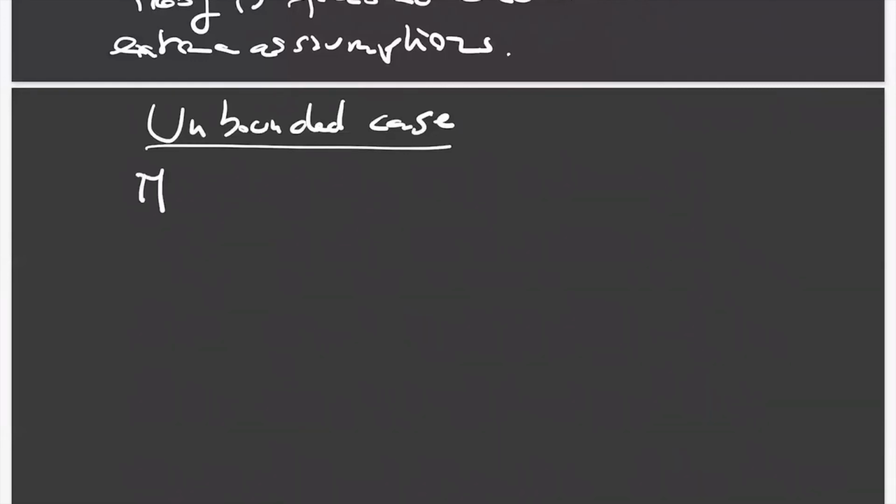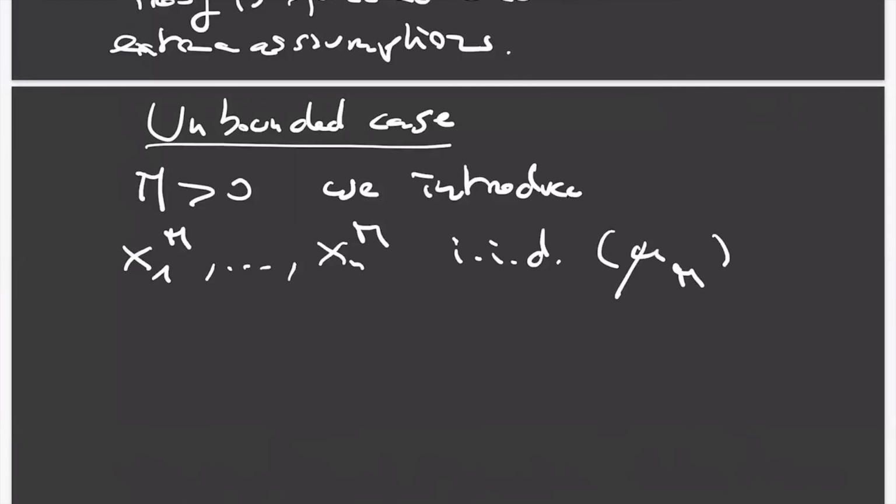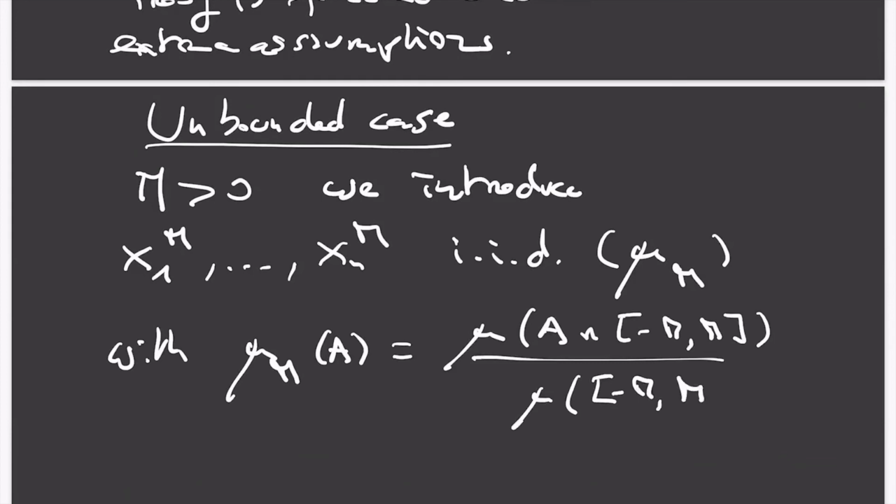I take some quantity m, which will be a parameter of control for the truncation, and we introduce variables x1m, ..., xnm, which are IID variables with the same distribution mu sub m, with mu sub m of A equal to the measure of A intersected with minus m plus m over the measure of minus m plus m.